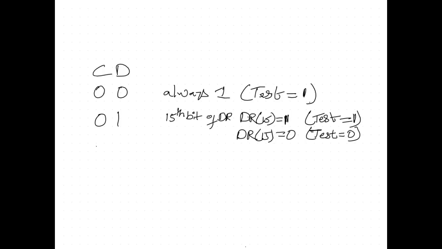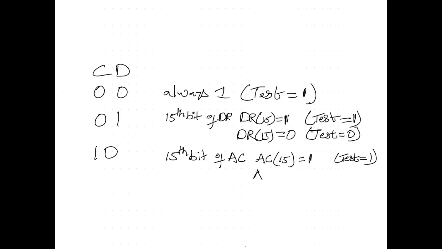If CD bits are 10, look again at the 15th bit of AC. If AC of 15 is equal to 1, then test is equal to 1. Similarly, if AC of 15 is equal to 0, then test is equal to 0.